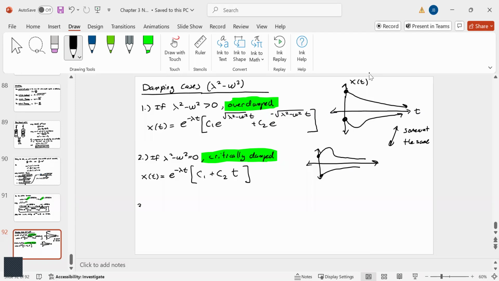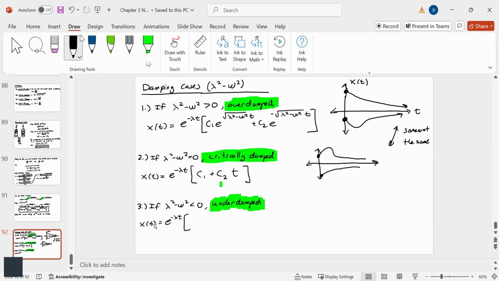And then number three, if lambda squared minus omega squared is less than zero, we say it's underdamped. And the equation of motion is going to be x of t equal to e to the negative lambda t.